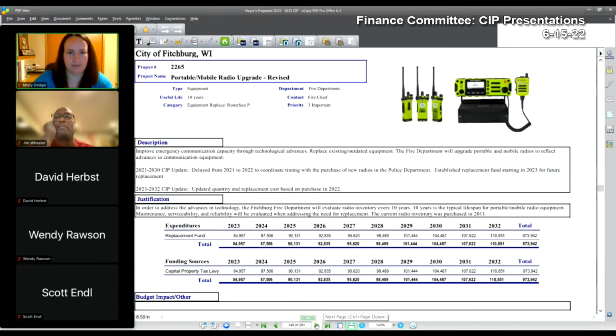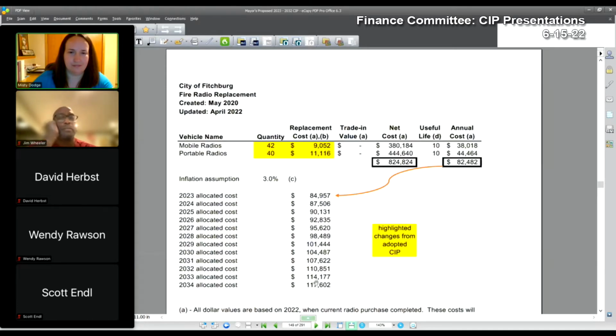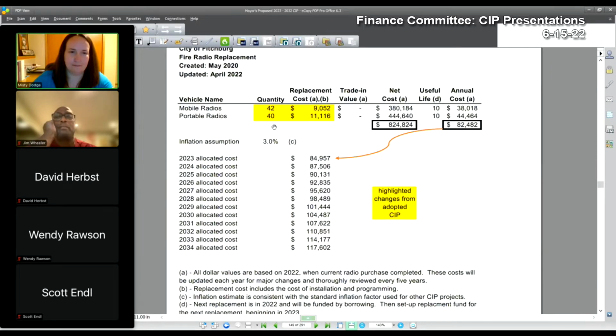Project number 2265, that one was revised with, once again, a fund balance. Those are the portable mobile radios, and that will typically be in conjunction with the purchase that we made this year in conjunction with the police department's equipment as well.